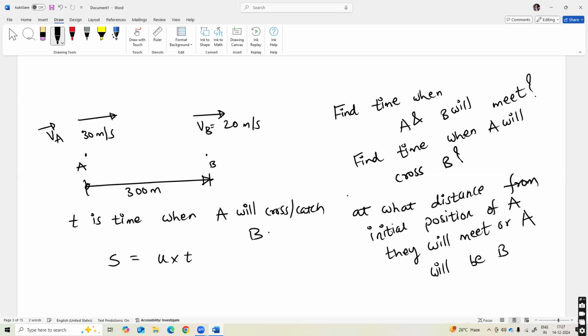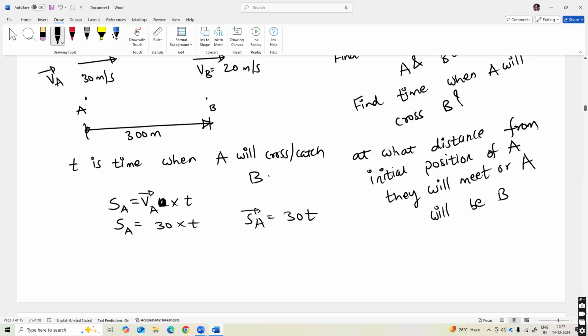Let's say SA is the distance traveled by A to catch B. Here instead of U we write V, so SA is VA into T. VA is 30, so the distance traveled by A to catch B is 30T.